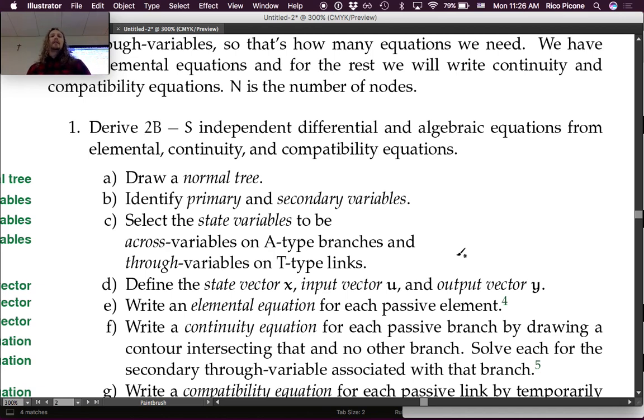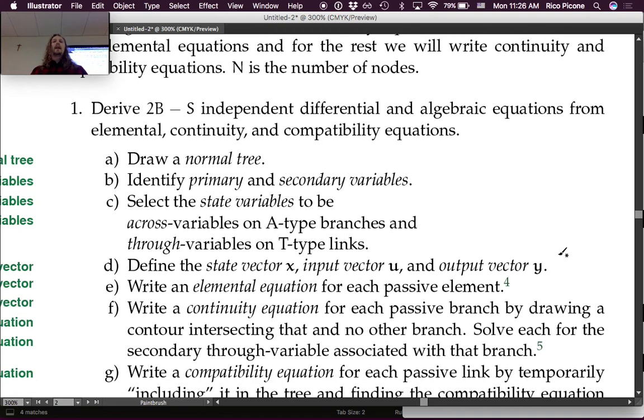D, define the state vector x. So take your state variables from the previous step, put them in a vector. Your input vector, which is to identify the inputs in the system, put them in a vector. And then the output vector, which is identify what your outputs are going to be and put them in a vector. Okay?